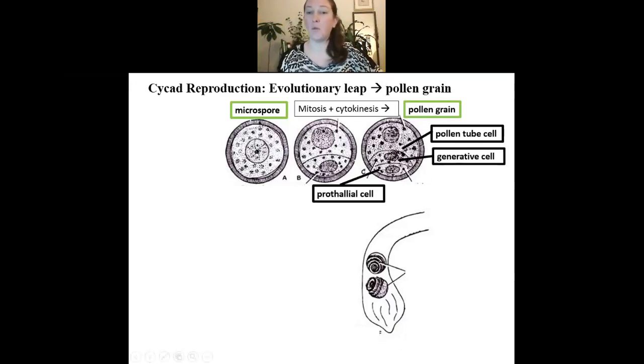And what it contains is, as I mentioned, this prothallal cell, which is at the bottom, which we still really don't have a good handle on what that even does, and we think it might be just leftover from evolutionary processes that occurred before. This pollen tube cell is what's going to grow the pollen tube, and then this generative cell is what's going to generate the 2 sperm.